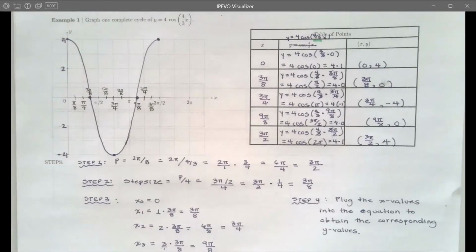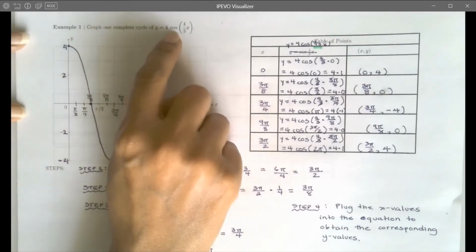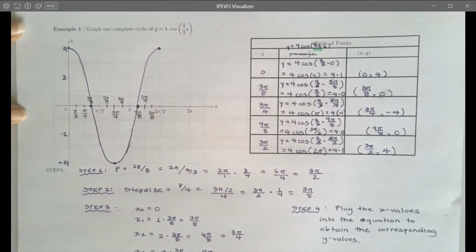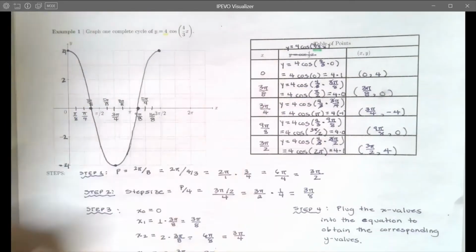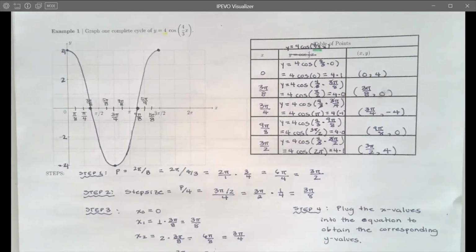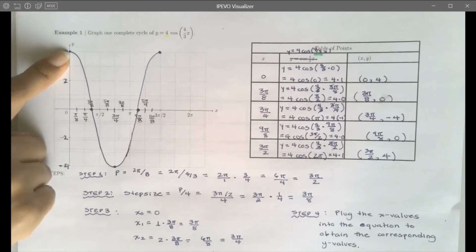If we look at the characteristics relative to the original equation, the 4 in front of the cosine tells us that the amplitude we should have been expecting was an amplitude of 4, right? And because that coefficient of cosine is positive, we do not expect a reflection about the x-axis. And so that's exactly what we're noticing with the graph. We're starting at 4, which is, by the way, how cosine starts its graph.